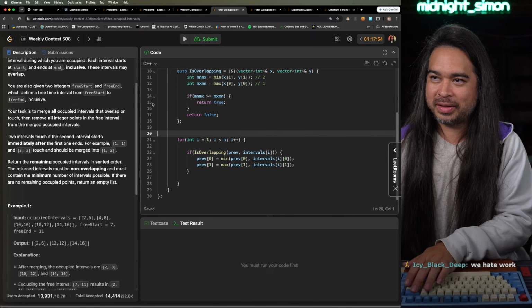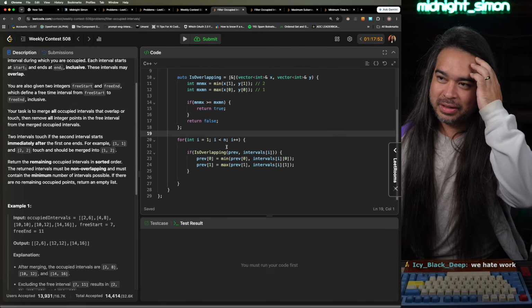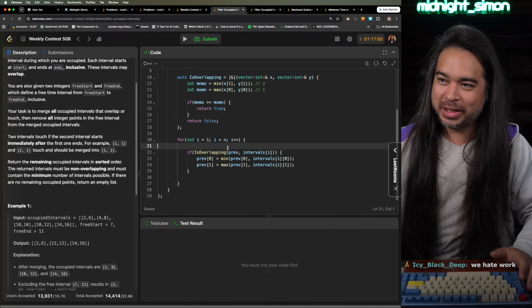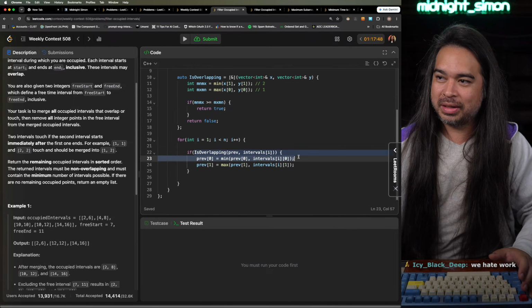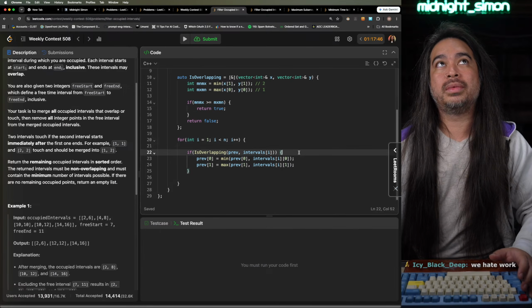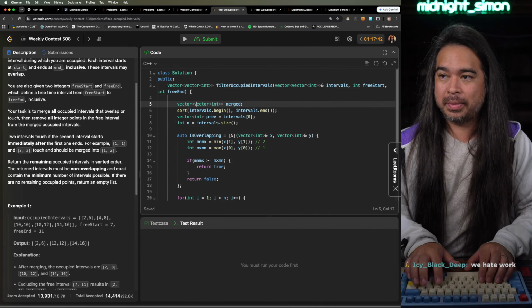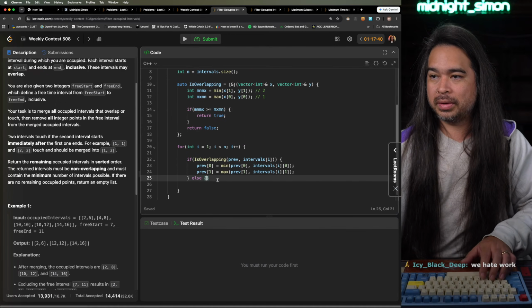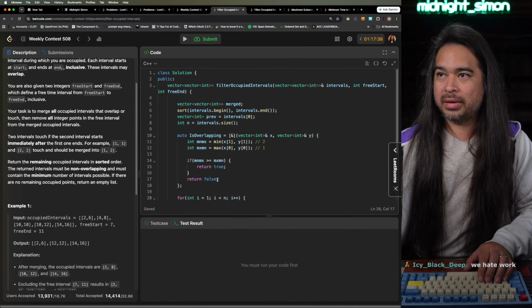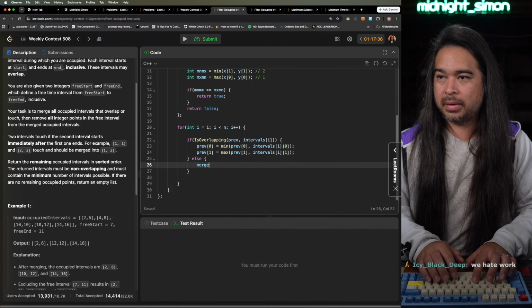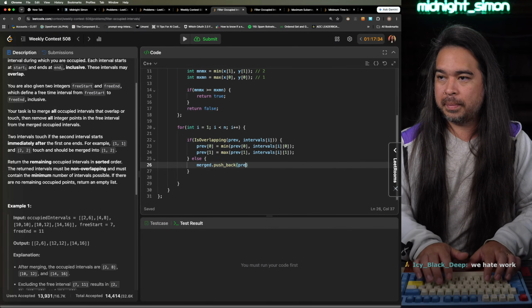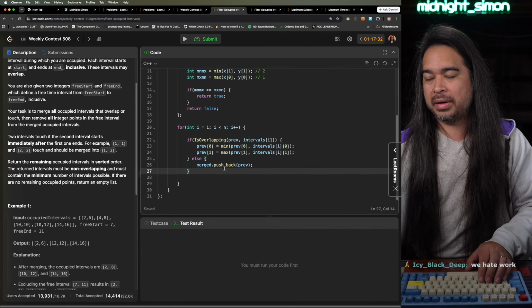Let me get rid of this. So, what am I trying to do here, man? I'm trying to say merge them. And then if they don't overlap, oops. If they don't overlap, then push that back.